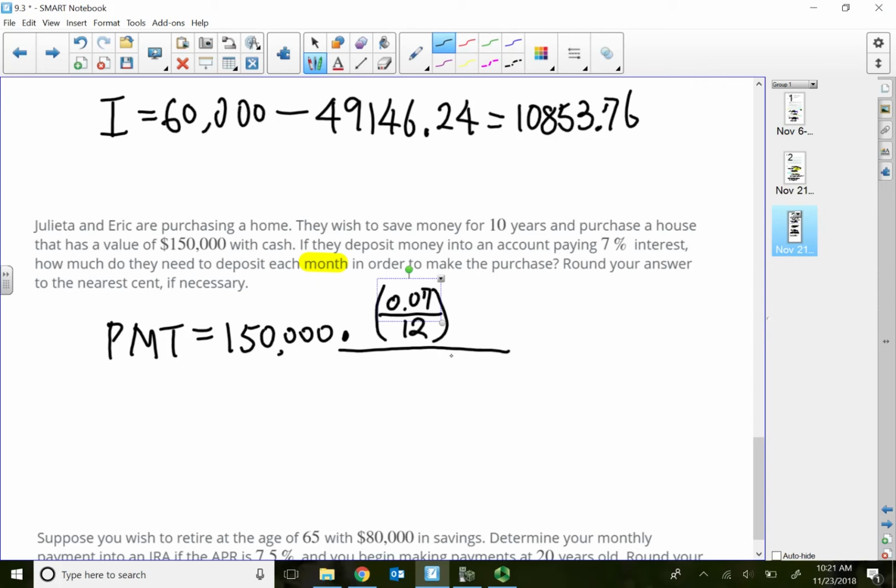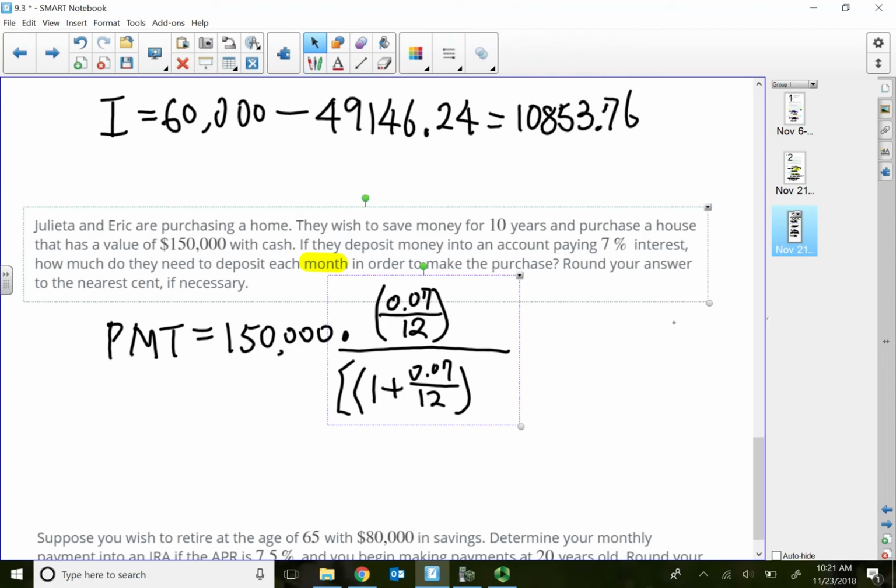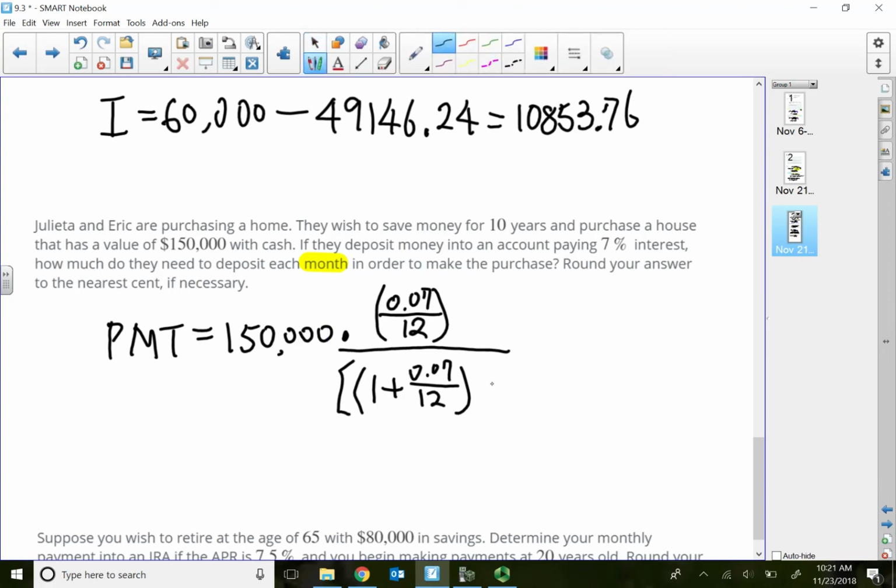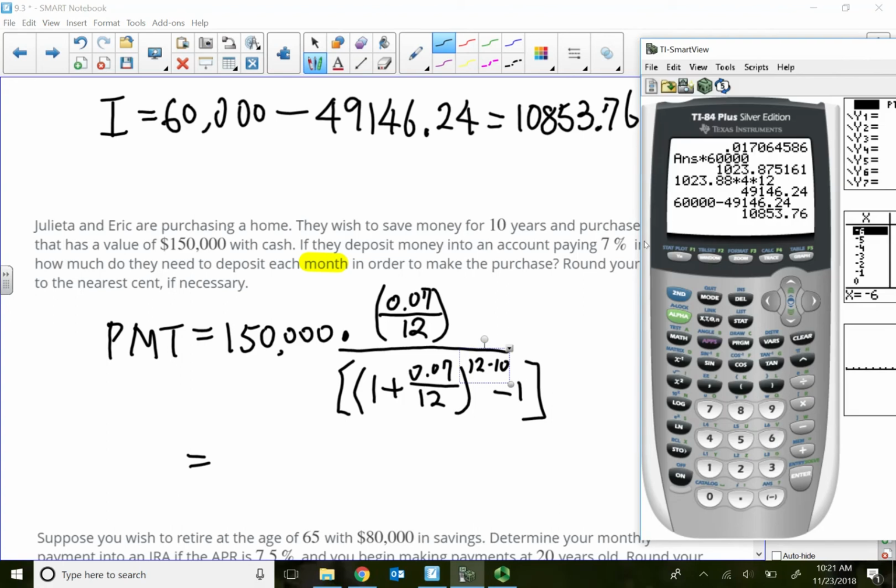Divided by brackets, parenthesis, 1 plus 0.07 over 12, whole thing raised to the N times T, 12 times 10, then minus 1. Alrighty, let's see how much they will need to deposit into this account.